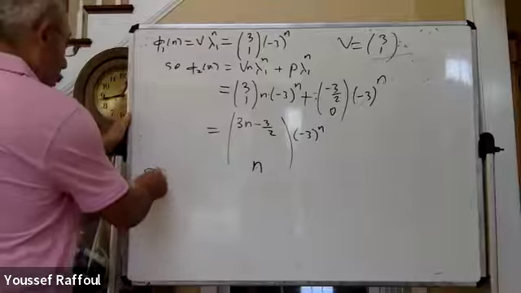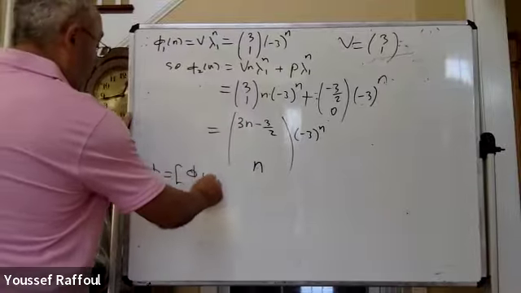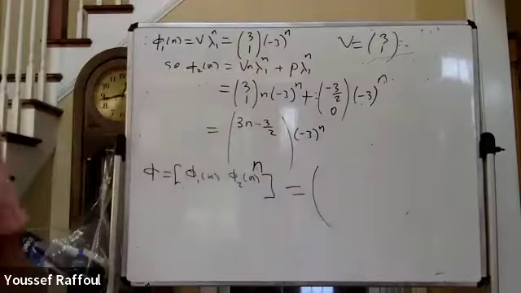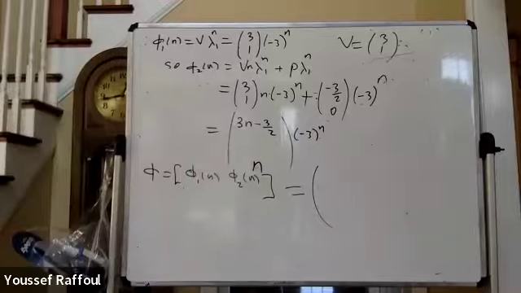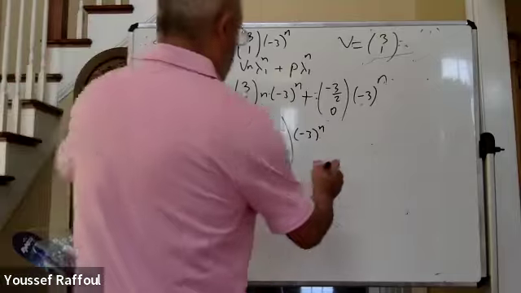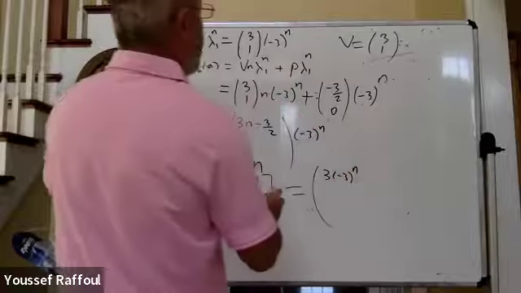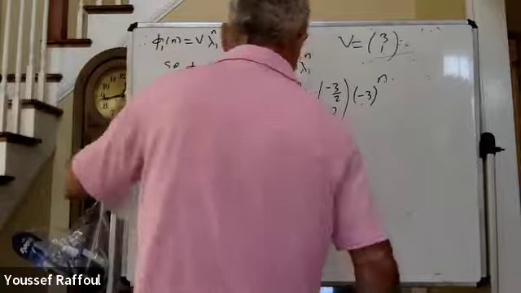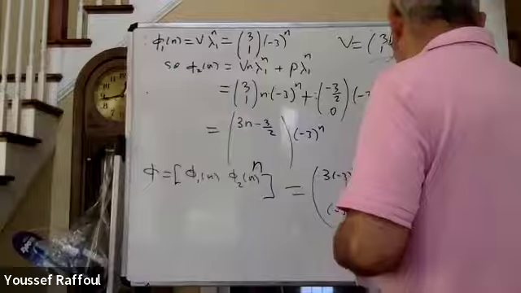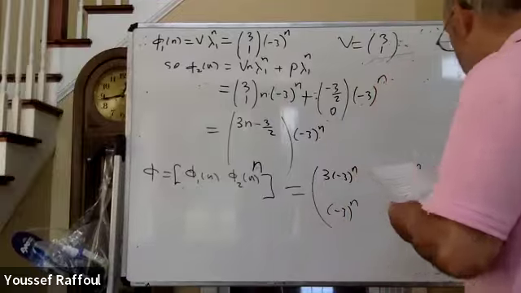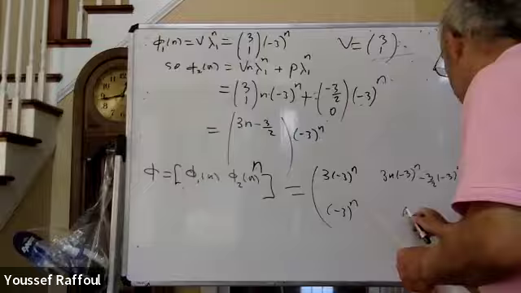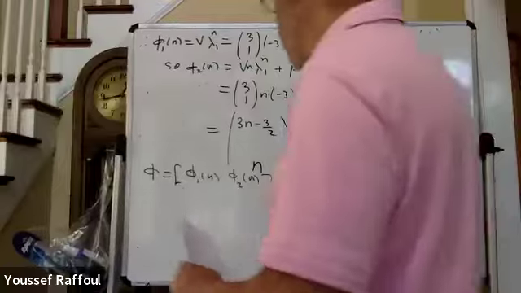So if I take phi to be phi 1 of n, phi 2 of n, I wrote it here in detail: 3 times -3 to the n, -3 to the n, and 3n minus 3.5 times -3 to the n, and n times -3 to the n. There is your phi of n.